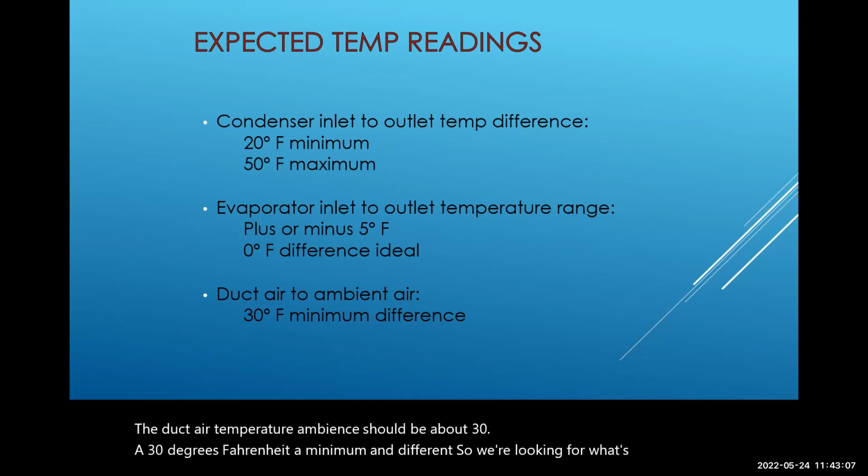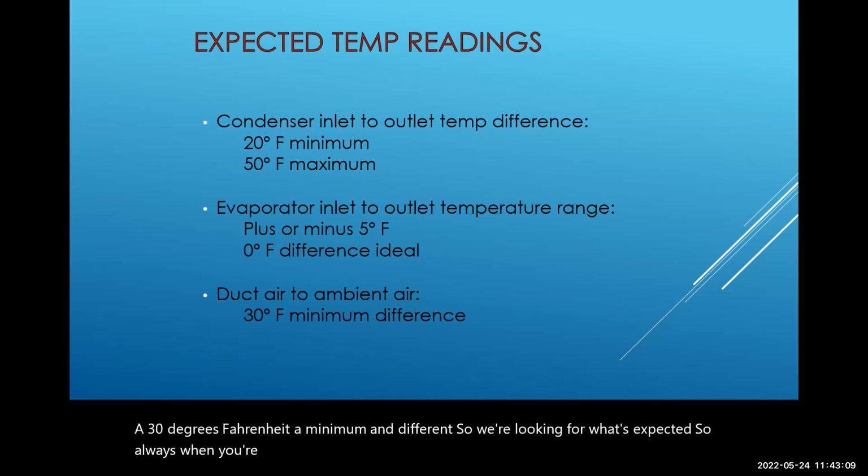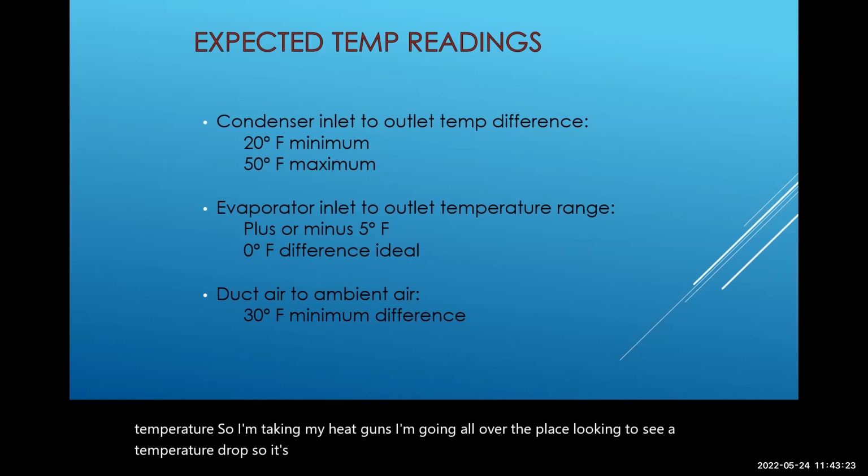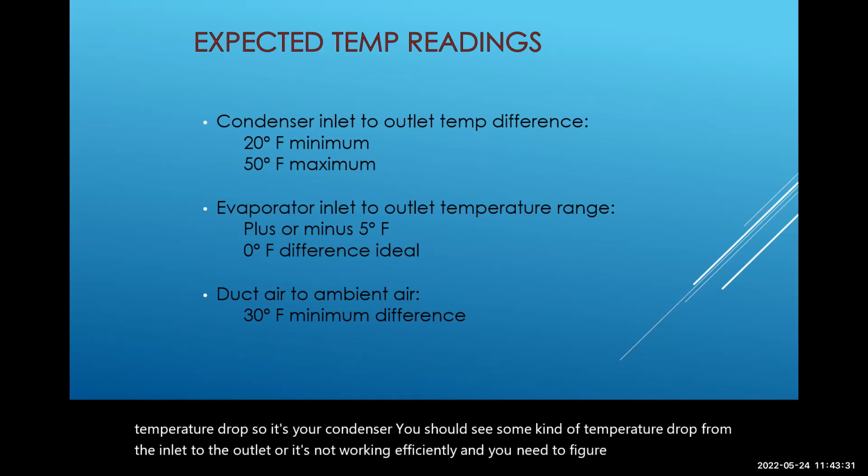So always when you're diagnosing one of these problems, you want to say, okay, it should be this at that temperature. So I'm taking my heat gun, going all over the place, looking to see a temperature drop. It's your condenser, you should see some kind of temperature drop from the inlet to the outlet, or it's not working efficiently and you need to figure out what's going on.